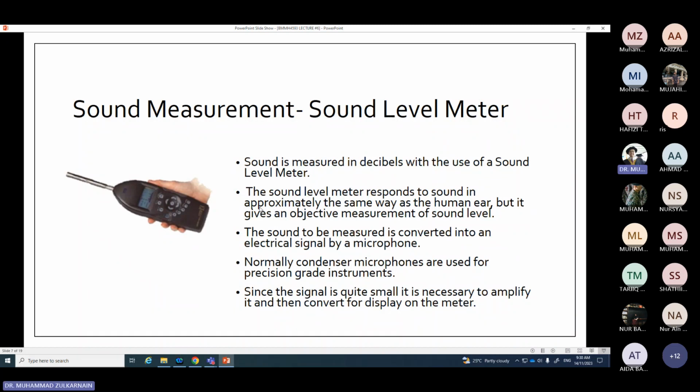The sound level meter responds to sound in approximately the same way as the human ear, but it gives us an objective measurement of sound level.